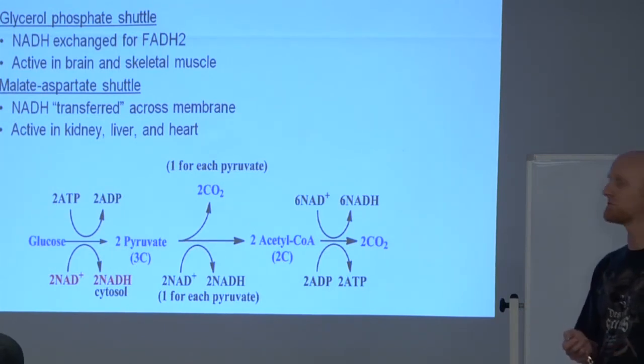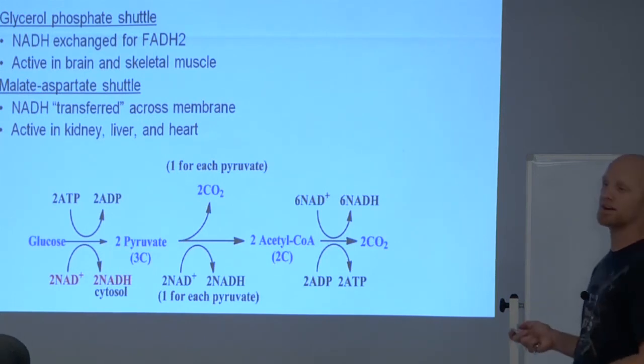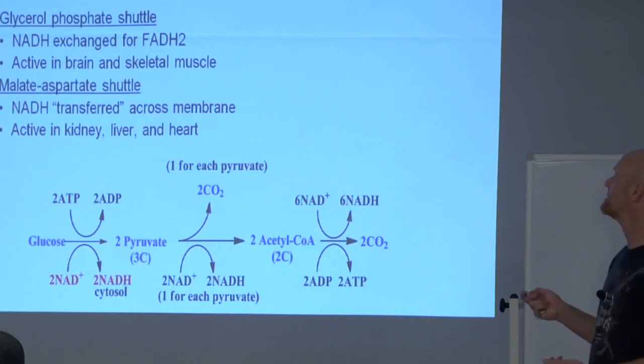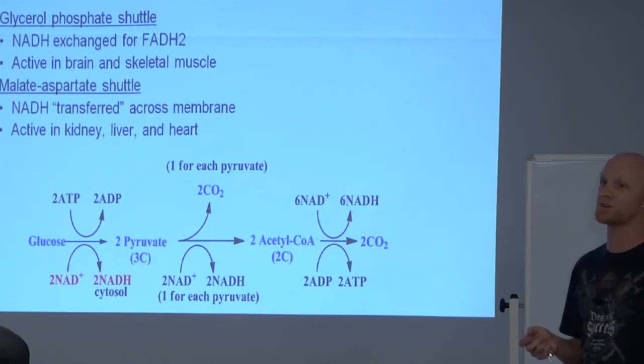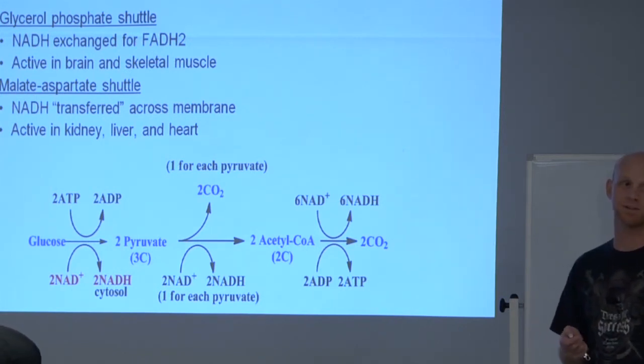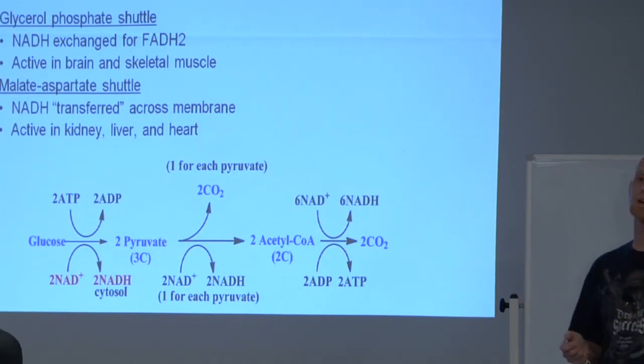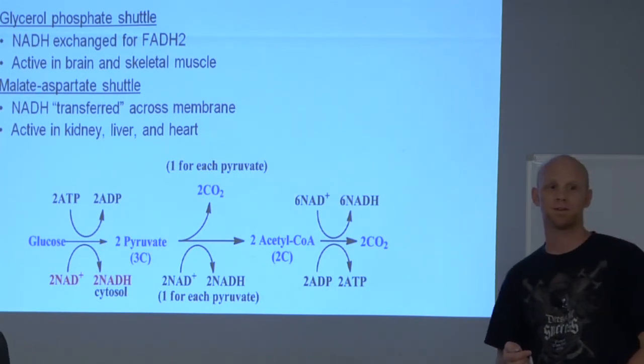They'll turn into 5. As long as they stay NADHs in the mitochondrion, 2 NADHs equate to 5 ATPs. But with the glycerol phosphate shuttle, those 2 NADHs are going to turn into 2 FADH2s in the mitochondrion. How much ATP now? 3. So with the glycerol phosphate shuttle, we're going to get 2 less ATPs per glucose molecule.